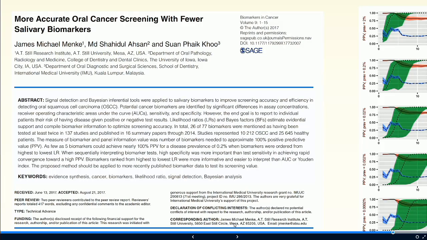The IRT approach would be to rank order the biomarkers that are most predictive of a population with various stages of oral cancer.